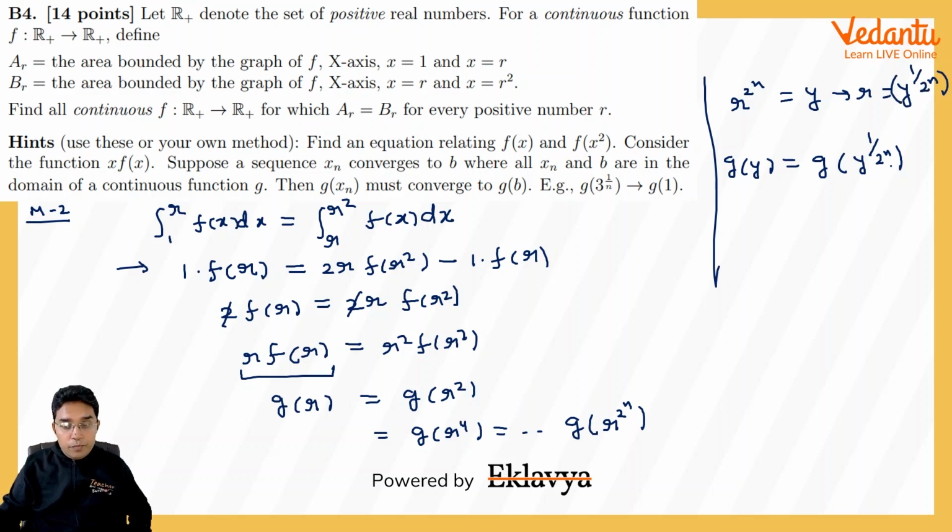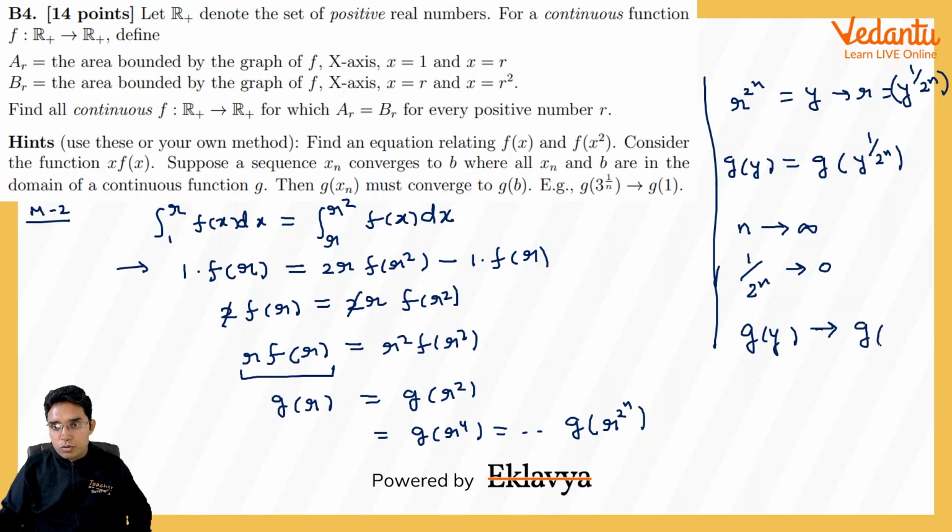Okay, now if I bring this n towards infinity, you can see this 1 upon 2 power n will approach 0. So for any function, this g of y will be approaching, because it's a continuous function, g of y raised to the power approaching 0, it will be approaching 1 plus, actually 1 plus or 1 minus.